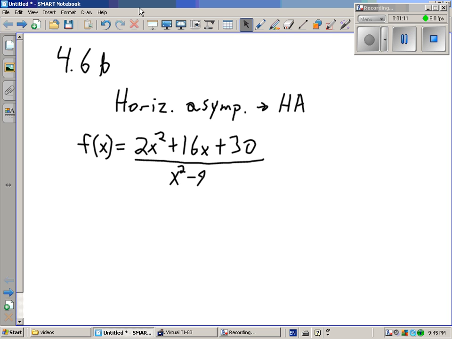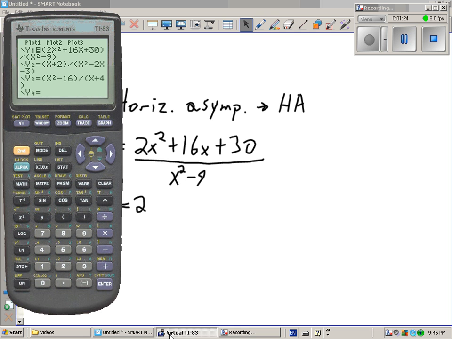Because I know in advance what's going to happen here, I'm also going to plot f of x equal to 2, and you'll see why. Here's some other functions I'm not using right now, and also y is equal to 2.